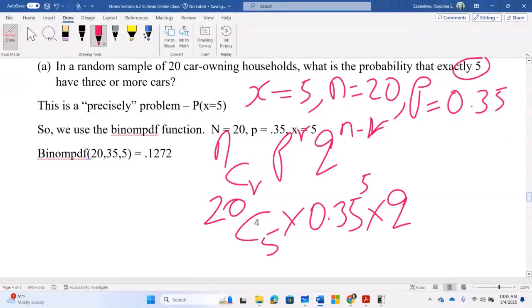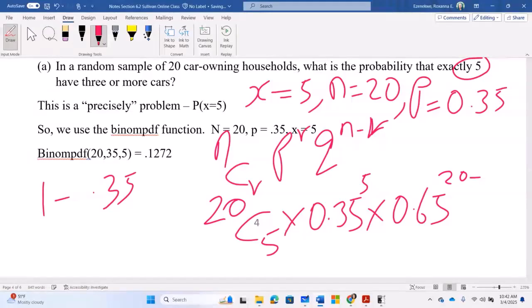Failure is given to us. If success is 0.35, failure is 1 minus 0.35, which is equal to 0.65. So 0.65, and then the number of successes, the random variable, is 5. Sample size is 20. Therefore, 20 minus the random variable.